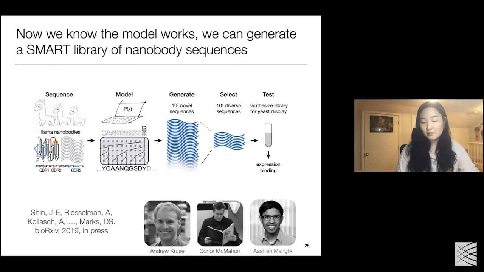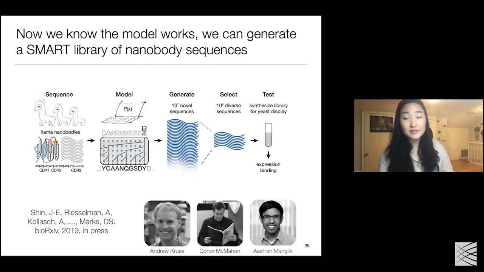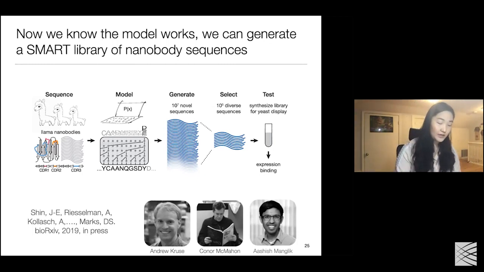And so we train our model on 1.2 million llama nanobody sequences from 7 different naive llamas. We train the autoregressive model. We generate 10^7 novel CDR3 sequences. Of those, we select 10^5 diverse sequences, and then we test them experimentally by synthesizing the library for yeast display and testing for expression and binding.